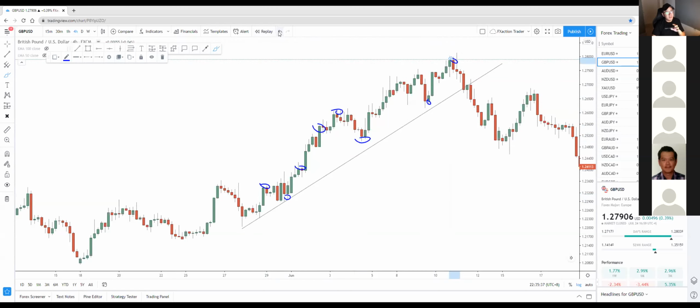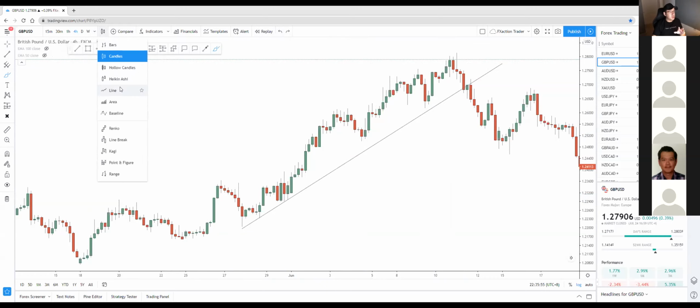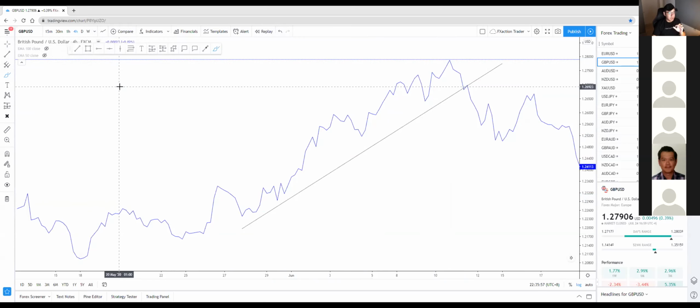If you're having a problem seeing the trend, there's a very simple trick. When we are talking about candlesticks, we are talking about the open price and also the closing price. So the simple trick is that you can always change your chart to a line chart.